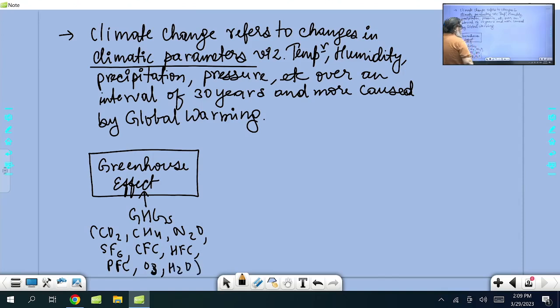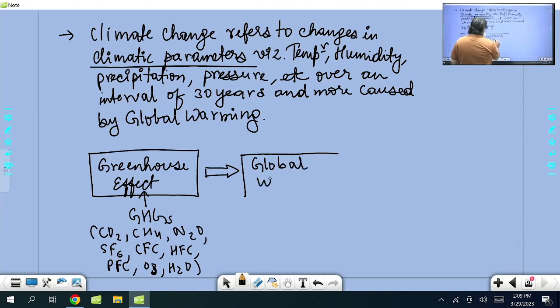All these are greenhouse gases. And because of this, the temperature of the earth's surface increases. That is global warming.